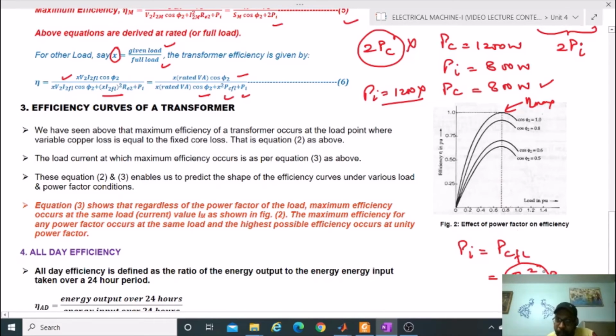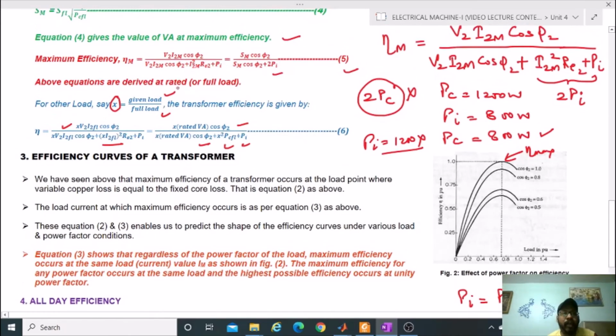It does not depend upon the cos phi or the power factor. But the value of efficiency, if we go to the formula of maximum efficiency, we will see that it depends upon the power factor.